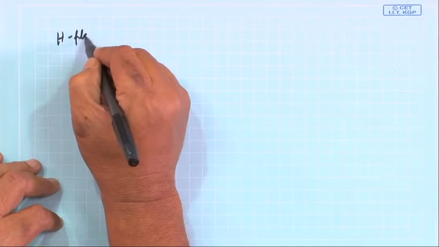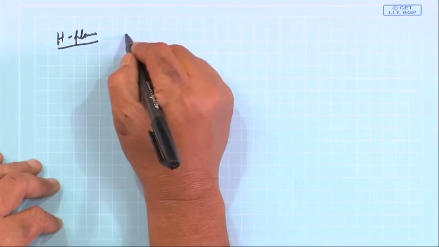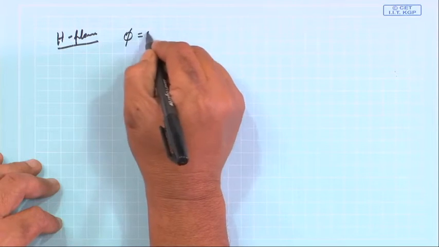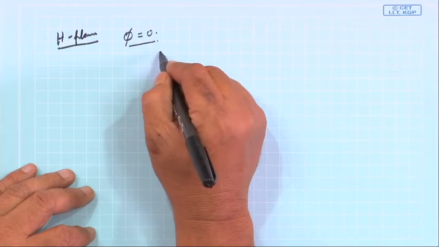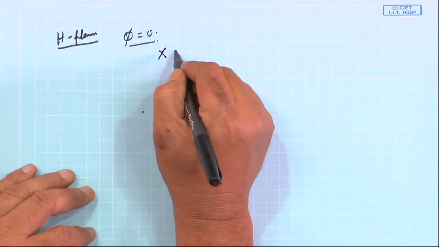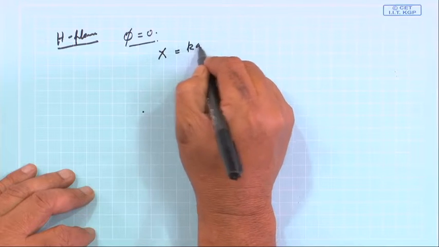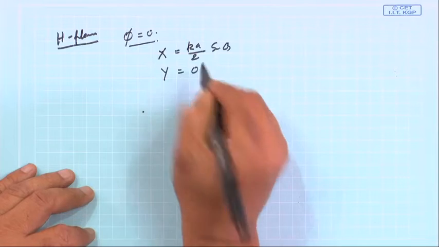Now let me see what the H plane pattern is. The H plane is the other principal plane, that means phi equal to 0. There X becomes k a by 2 sin theta and Y becomes 0.